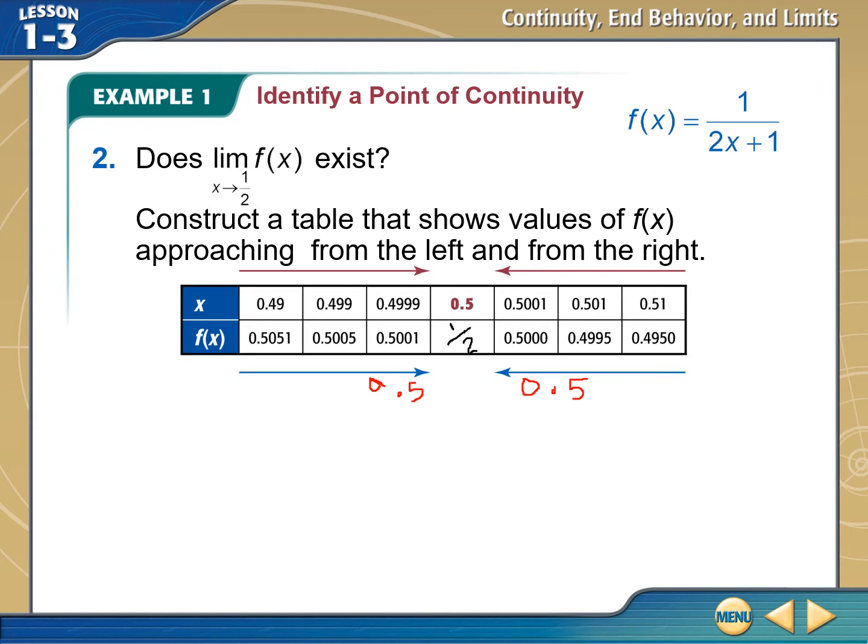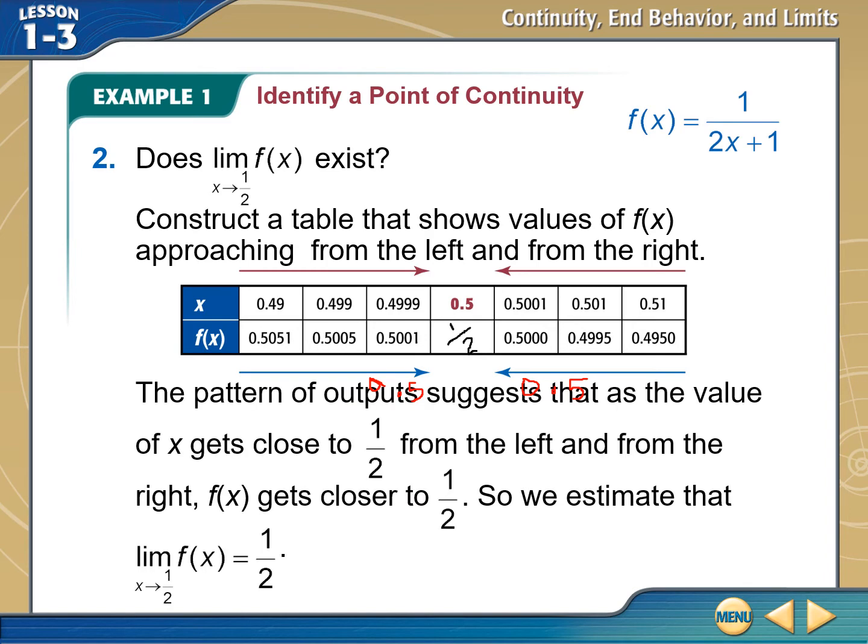So I'm trying to think with you about step number 3, that f of 0.5 is equal to the limit as x approaches half. Again, what shall we say? Here it says the pattern of output suggests that as the value of x gets closer and closer to half from the left side and from the right side, f of x is getting closer and closer to half.